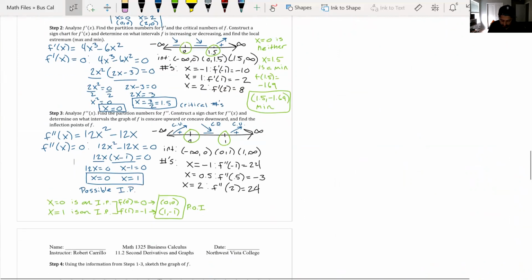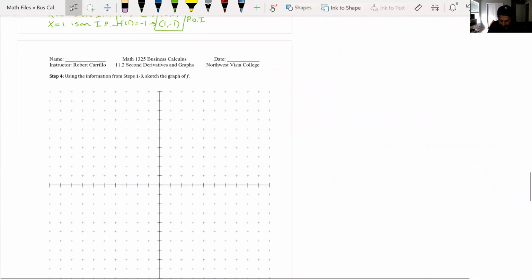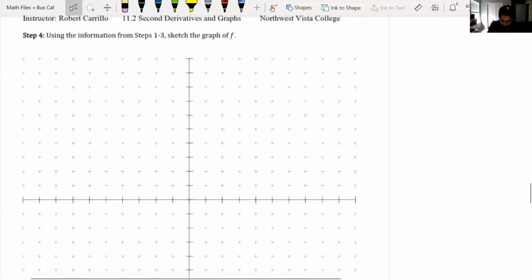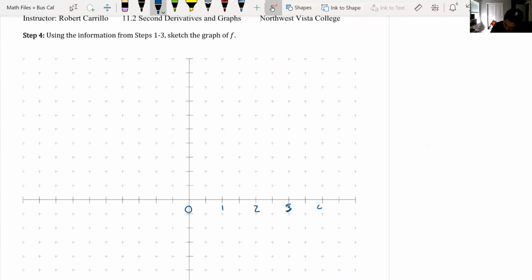Okay, and looking at my values, it seems that I can stretch this graph out. So I'm going to say 0, 1, 2, 3, 4, 5. Oops. -5, -4, -3.